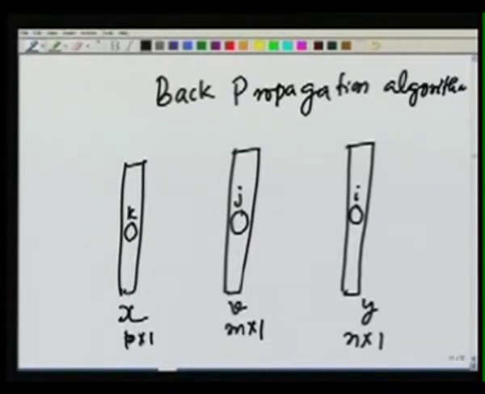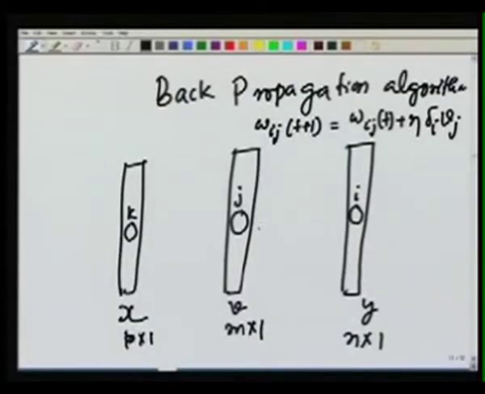All right. So, what we saw in the back propagation algorithm: wij at t plus 1 is wij at t plus eta delta i into vj.